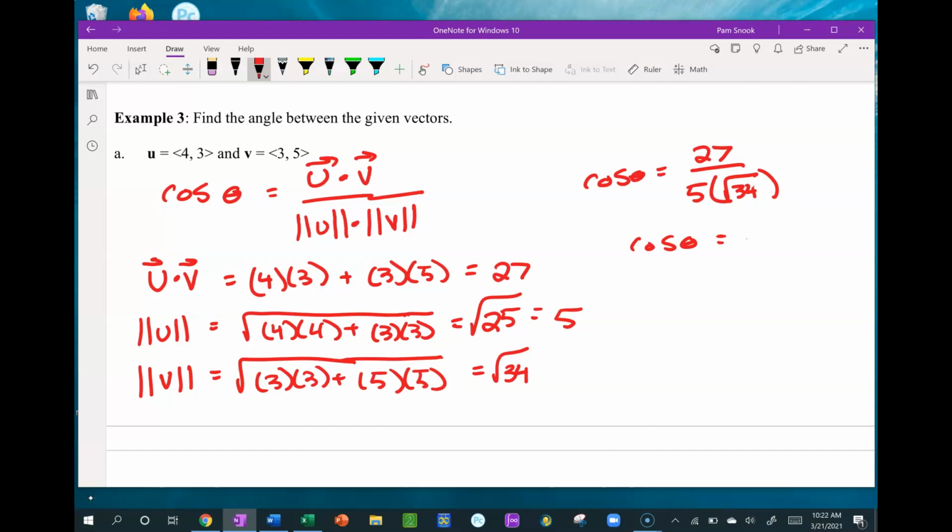I got 0.9261. Now I'm just going to hit my inverse cosine button of my answer that I got. I get 22.16 degrees. I'm going to round that to 1 decimal point, so 22.2 degrees.